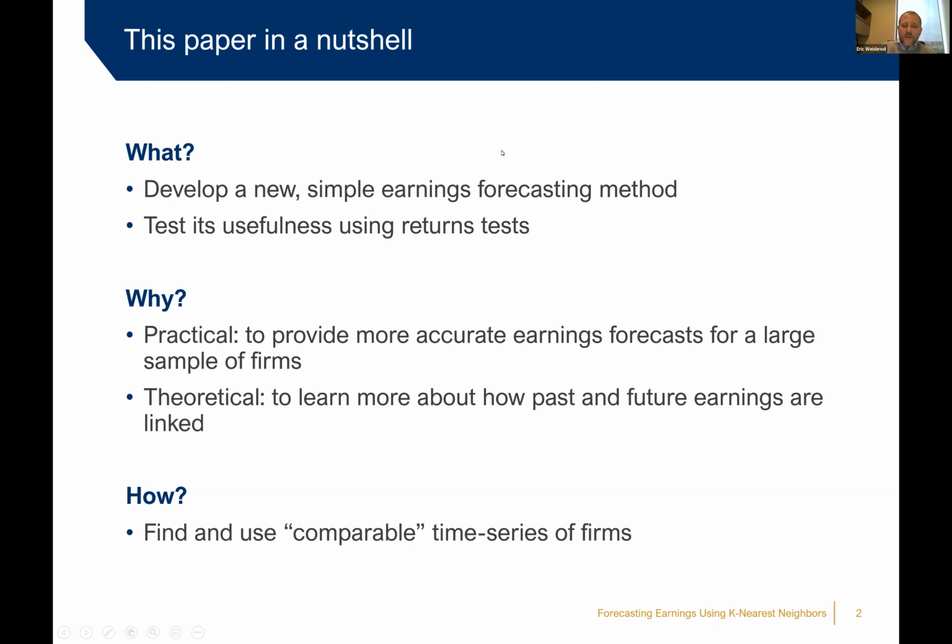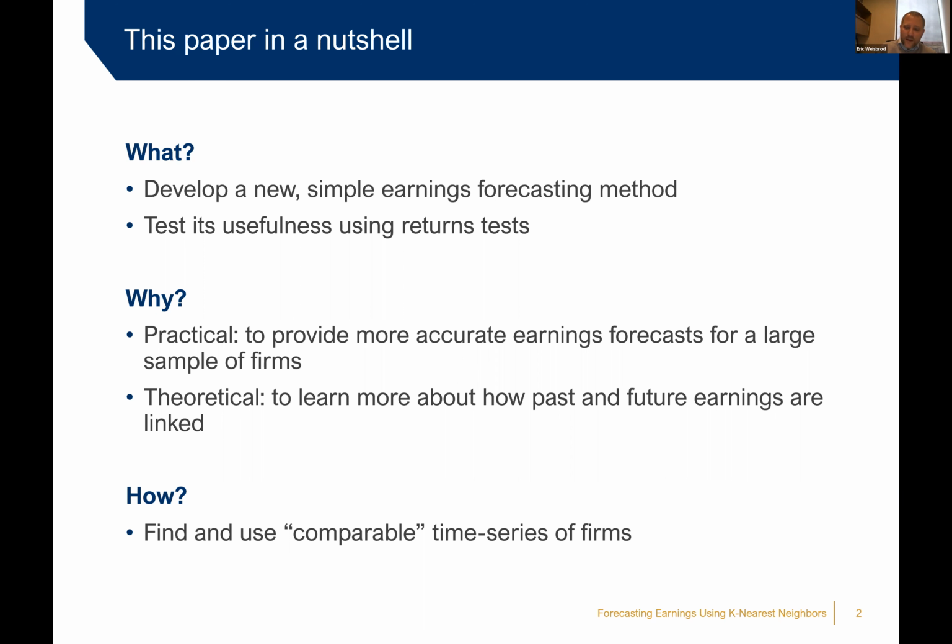Okay, so the paper is pretty straightforward, similar to the title. We're introducing a new forecasting method to the literature using the k-nearest neighbors algorithm. Then we're going to compare it to other methods and also see if it can be useful to investors by looking at future returns.